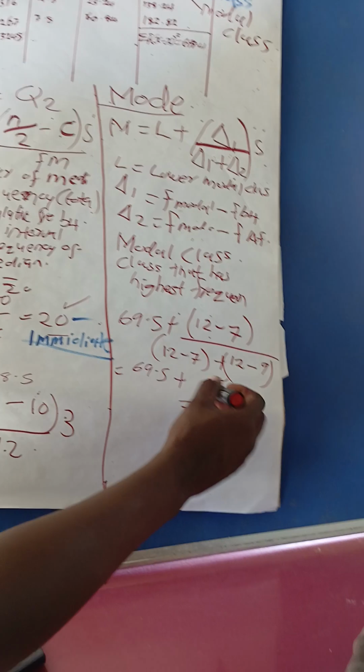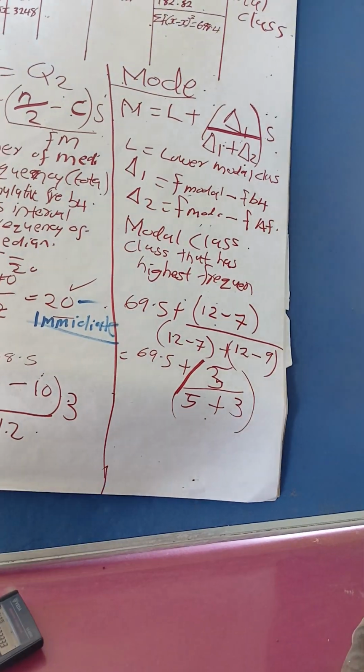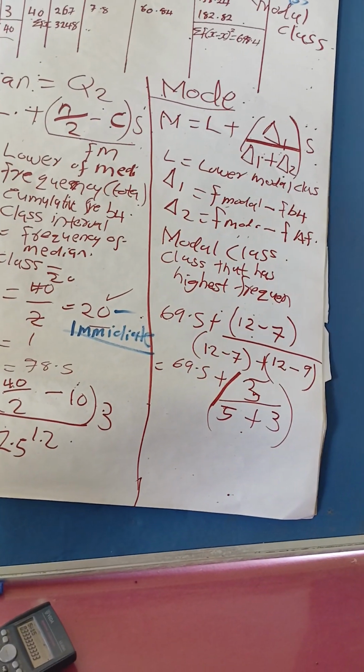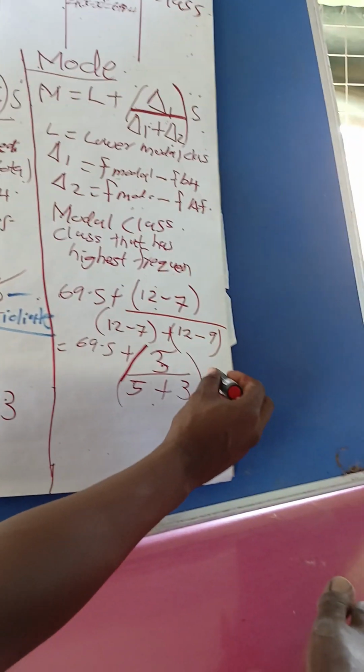Then remember the class interval. We are multiplying with the class interval. The class interval in this case was what? 3.